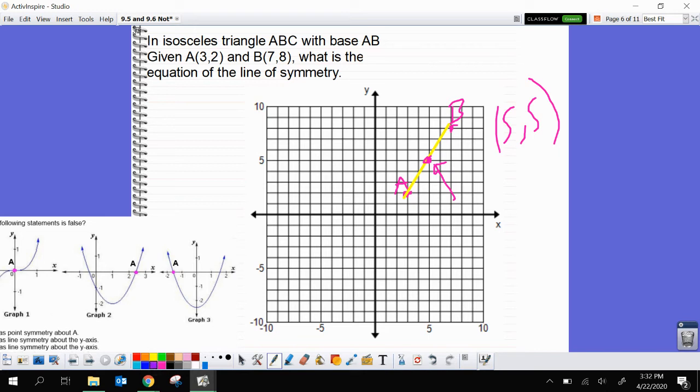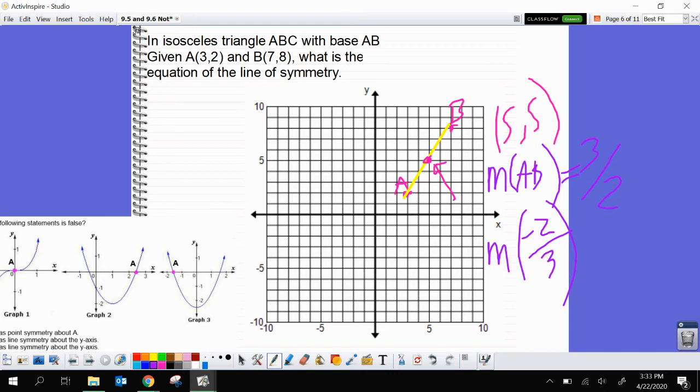So if I figure out what the slope of AB is, then I can figure out what the slope of my perpendicular line would be. The slope of AB is up 6 over 4, which is 3/2. And the opposite reciprocal of 3/2 would be -2/3. So the slope of this line is -2/3.